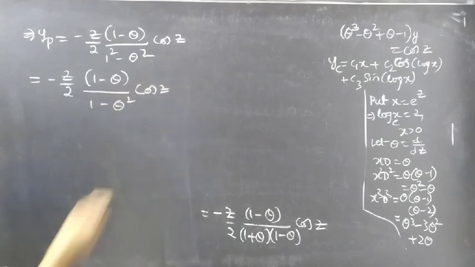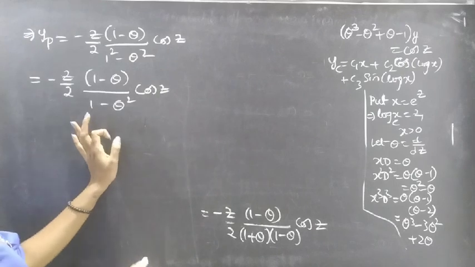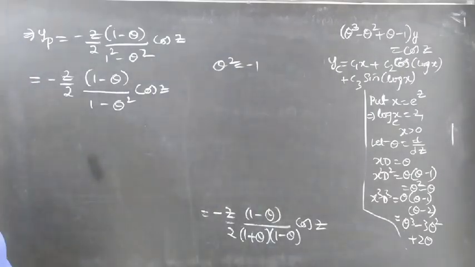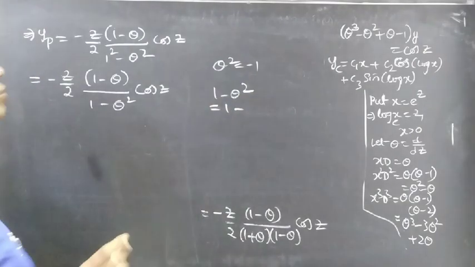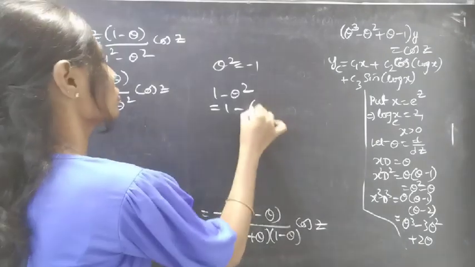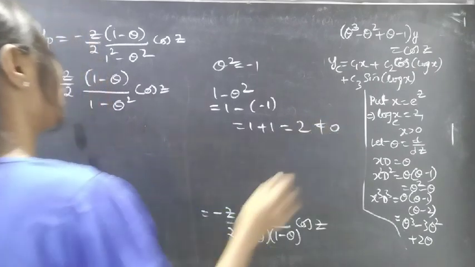Again, θ² appears in the denominator, so we have to replace θ² by −1, right? We have θ² equals −1, and now let's see what happens if we replace θ² by −1 in the denominator. Always remember that the denominator must be non-zero. So we'll get 1 minus of −1, which is 1 + 1 equals 2, a non-zero number, right?